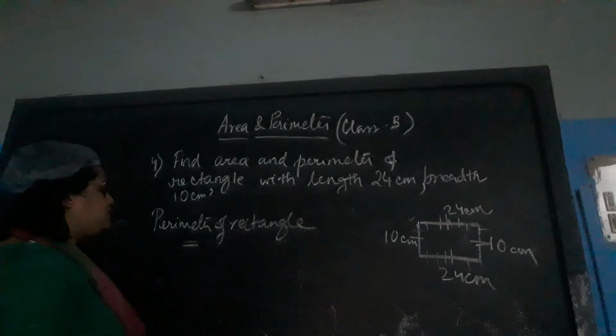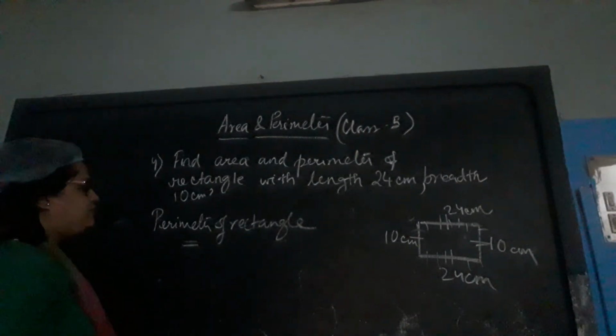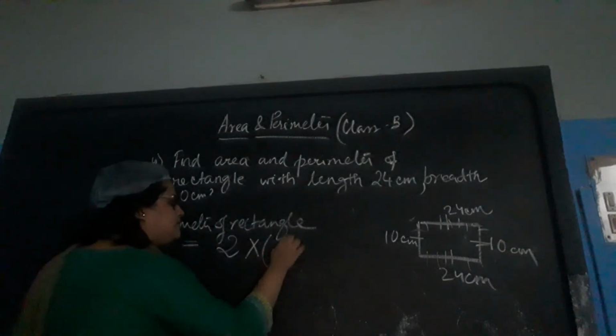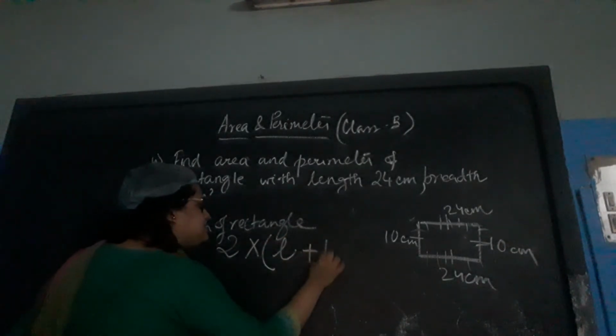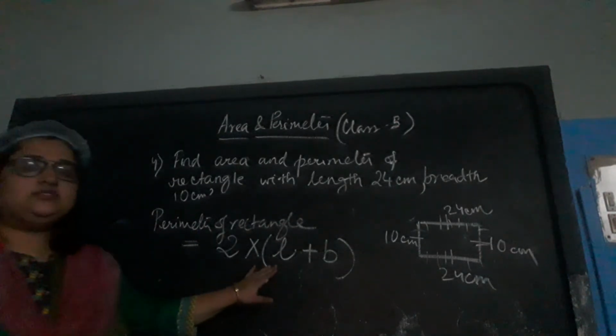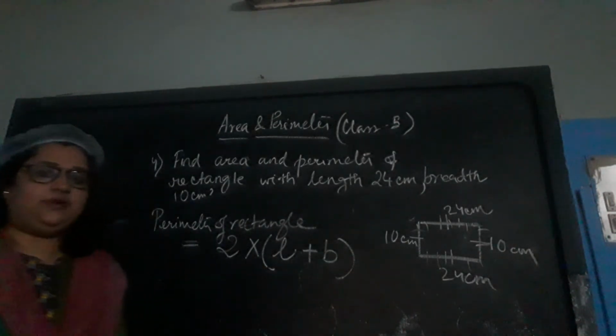How much is the total measurement? Now perimeter of a rectangle is given by the formula 2 into length plus breadth. I am writing the short form, you please write length as well as breadth.